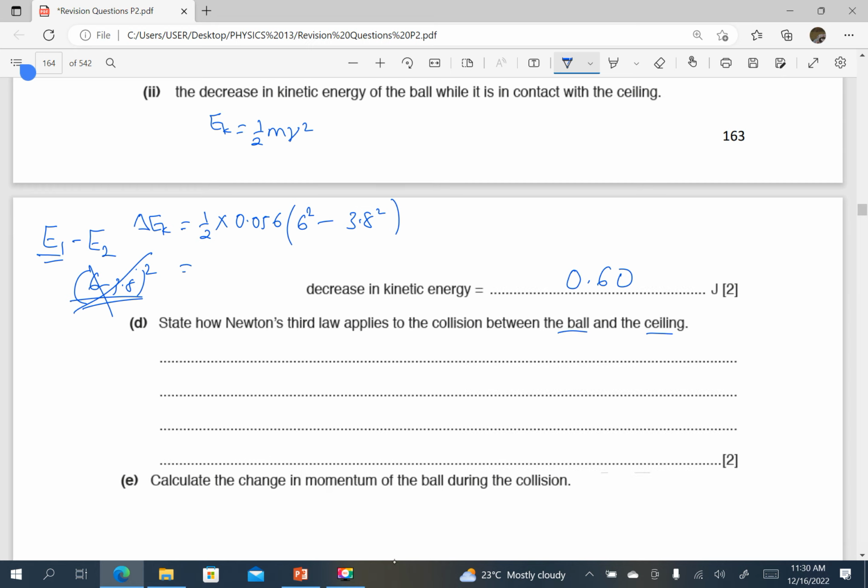Of course, the force on the ceiling by the ball is equal to the force on the ball by the ceiling, but in opposite direction.